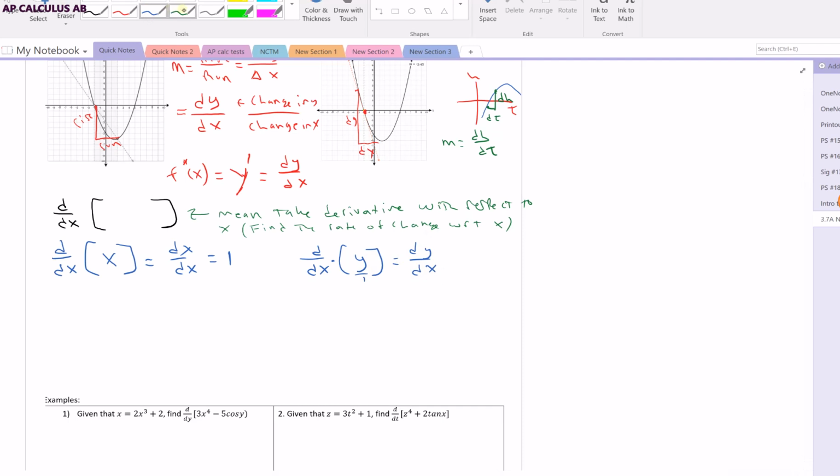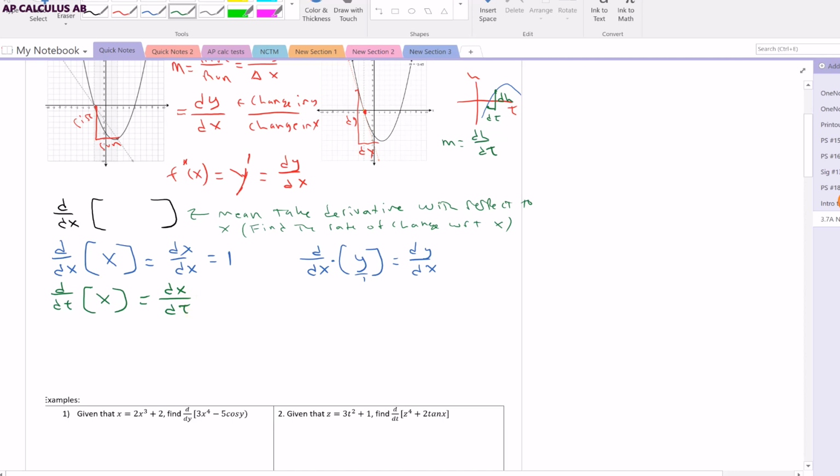And so what we're going to get into a little bit later today is, well, we're going to start taking the derivative with respect to time. So it's going to be d dt, right? What's going to happen as time goes on? What's the rate of change as time progresses of x? Well, in this case, it's going to be d times x, which is dx dt, this rate of change of x with respect to t.